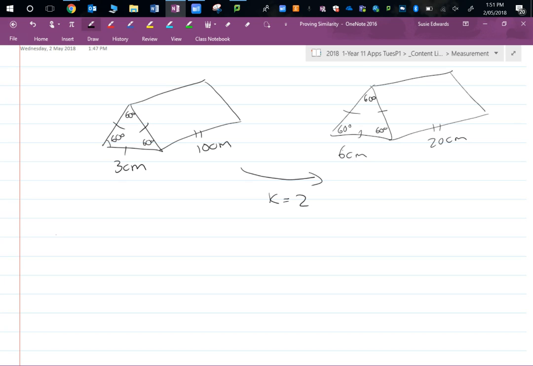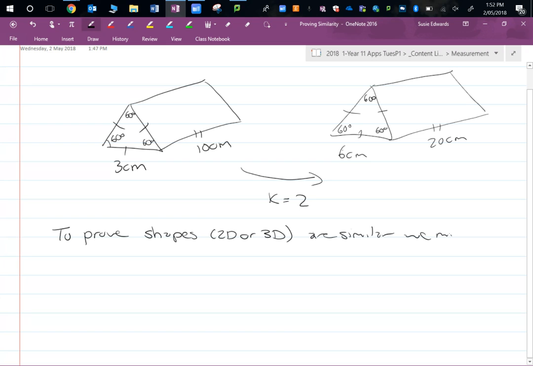So to prove shapes, so it can be both 2D or 3D shapes, are similar, we must prove 2 things. What are those 2 things? Good. First, we need to prove that corresponding lengths are all in the same ratio.